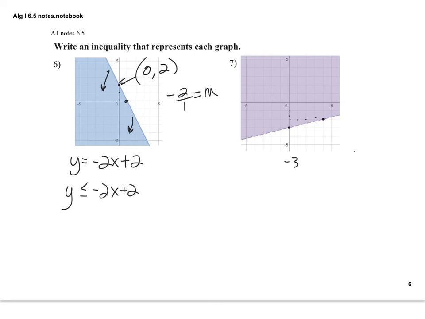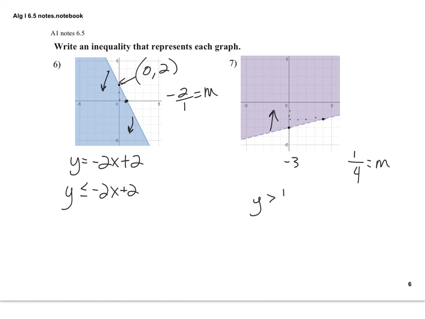So I've got a rise of 1 over 4, and that's a positive. So that's my slope. So I'm going to say that y is greater than, and the reason is because this region up here is shaded in. And I'm going to say greater than and not greater than or equal to, because we have a dotted line on there. So it's a dashed line.